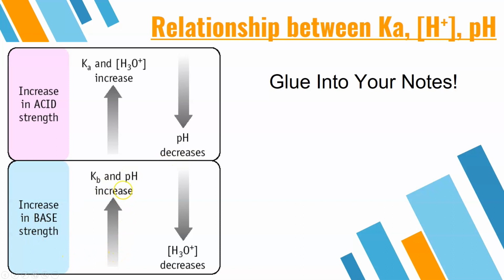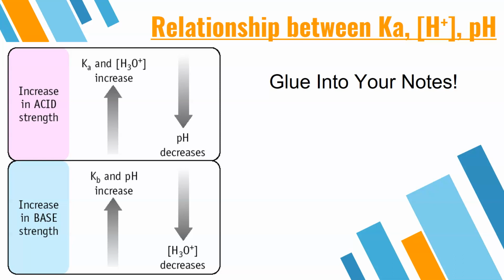If our base goes up, we're going to have a larger Kb. Our pH number goes up, which means we have a lower concentration of those hydrogen ions. I really like this one because it's so simple. I think this graphic is pretty helpful. Just really basic, arrows up, arrows down.